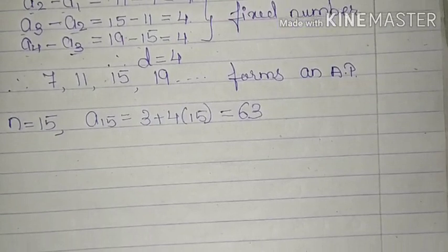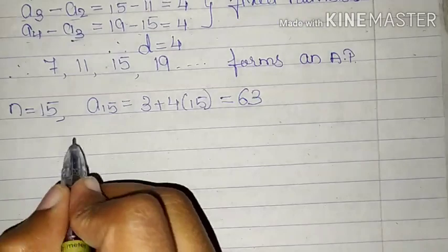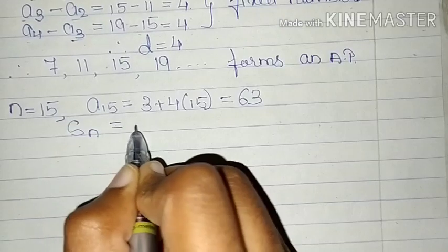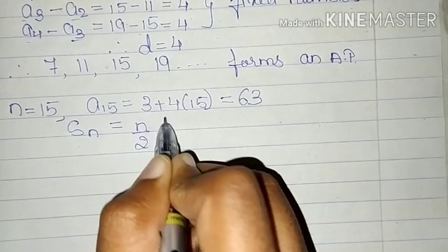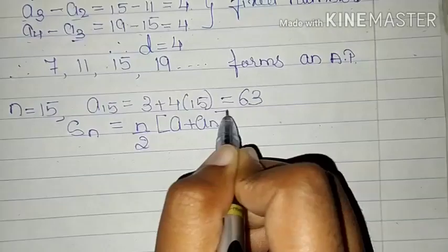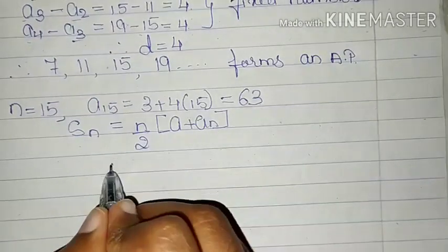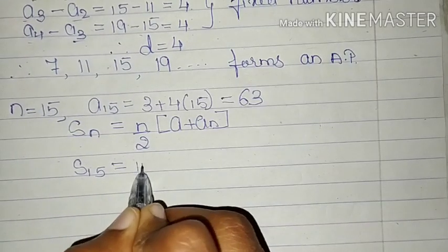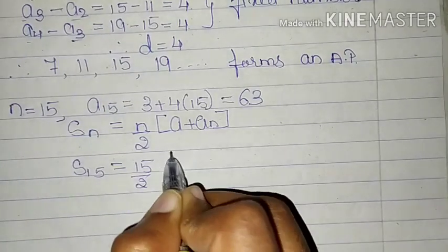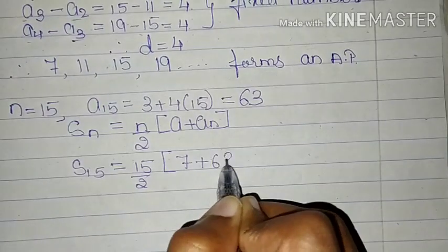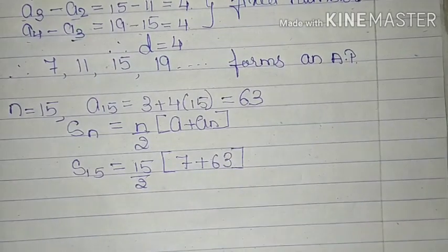Now to find S15, that is the sum, I will make use of the formula Sn is equal to n by 2 into a plus an, where n is equal to 15. So S15 is equal to 15 by 2 into a is 7 plus 63, that is a15.